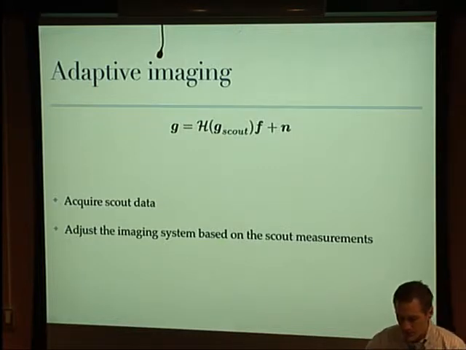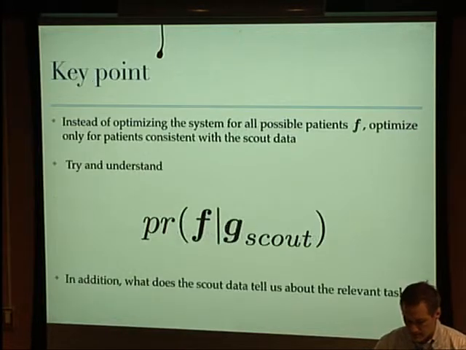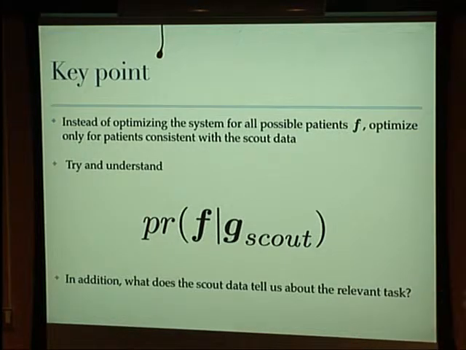And the key point, the aha moment, for lack of a better term, was that instead of trying to optimize the system for all possible patients, instead of trying to come up with a system that worked for the broad class of all objects that would go into this system, we're going to try to understand this conditional distribution.